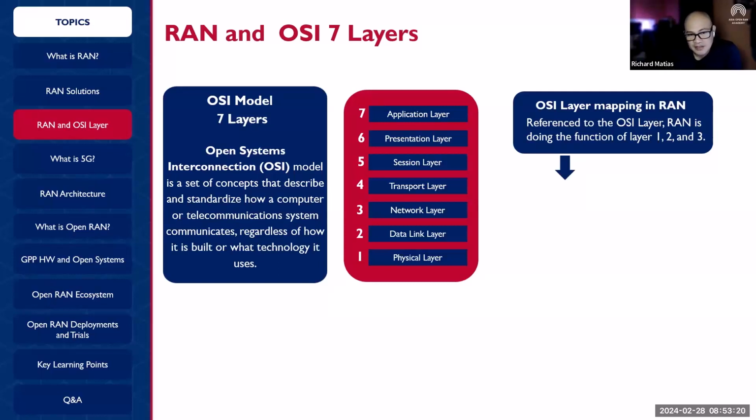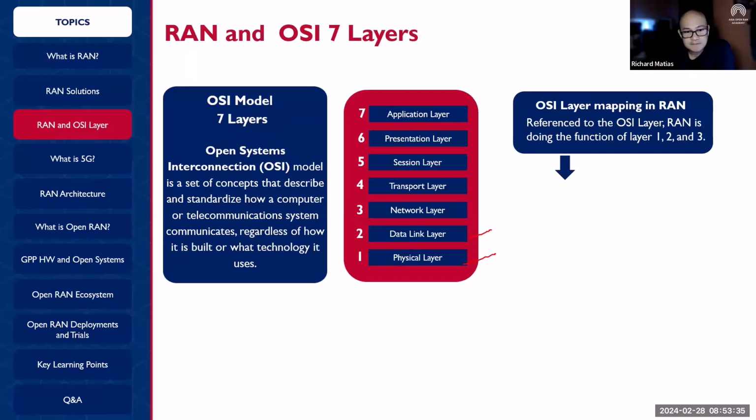Now, the data link layer is responsible for the reliable transmission of data over a shared physical medium, so you can see protocols such as Ethernet or Wi-Fi.